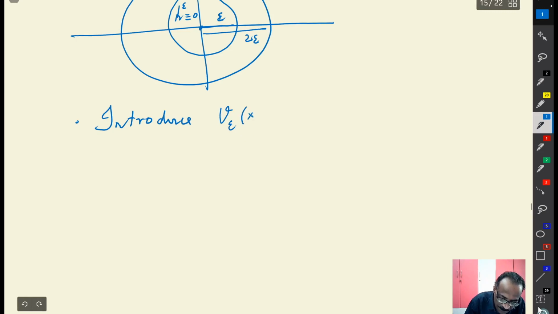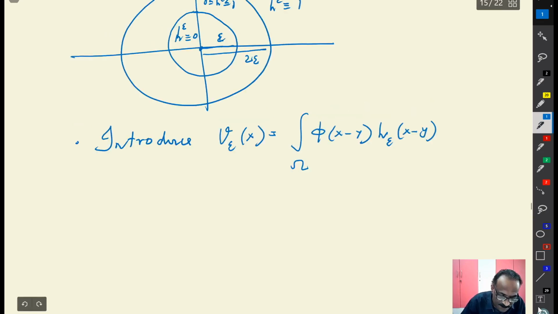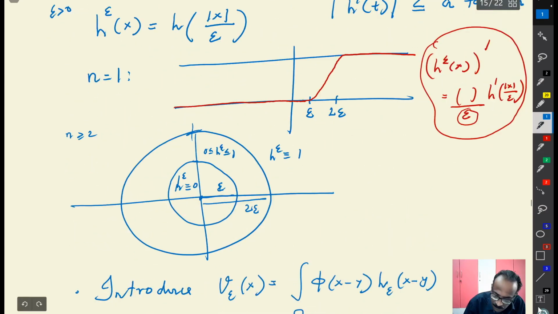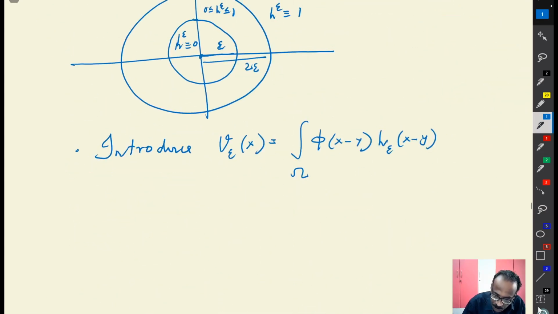V epsilon of x is equal to the integral over omega of phi of x minus y times h epsilon of x minus y, f of y dy. You see, this is where I am using it. I put epsilon up.